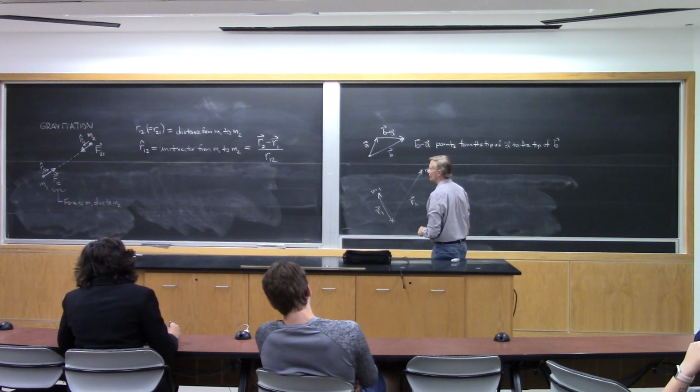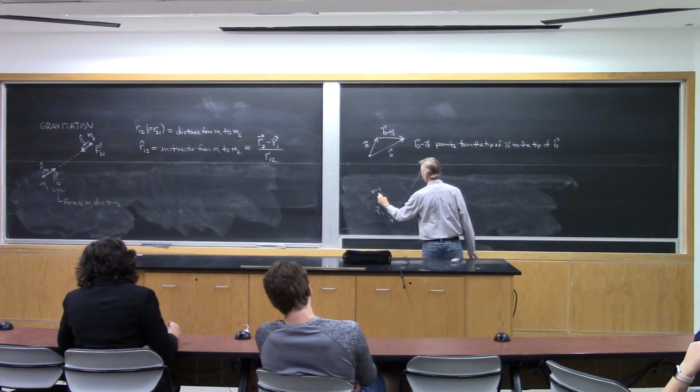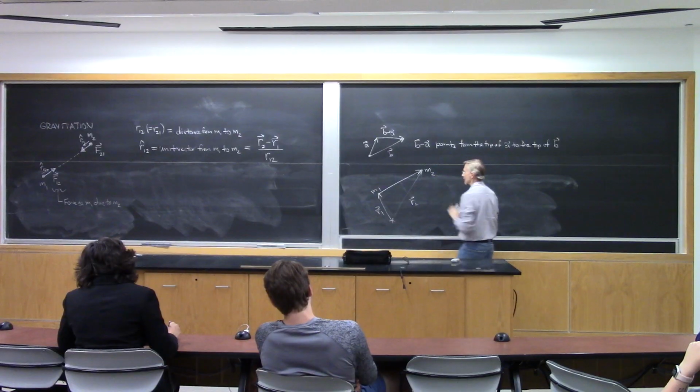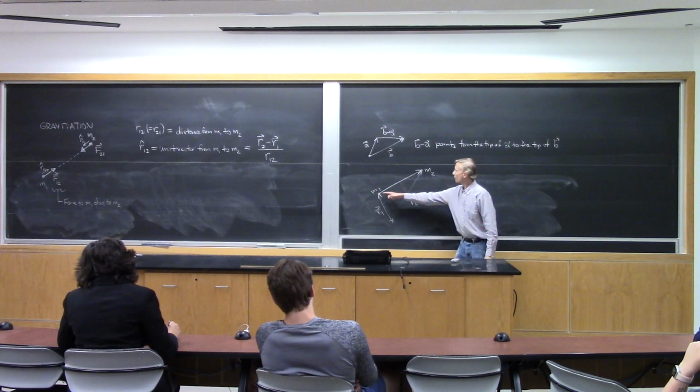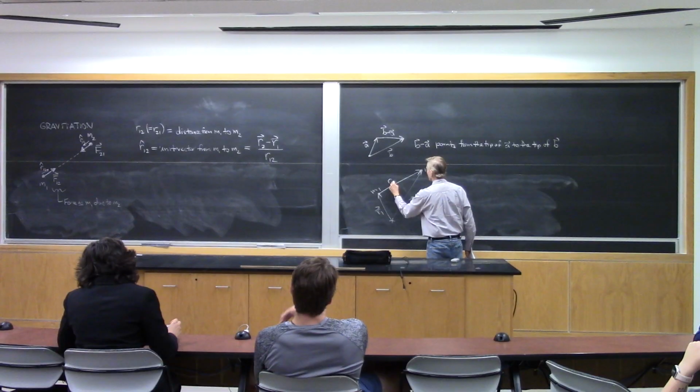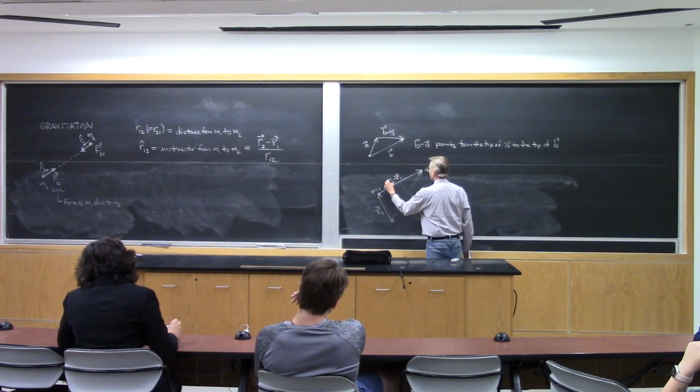And so if I want R12 there, what vector is that right there? R1 points to M1, R2 points to M2. What is this vector right here? This is R2 minus R1.